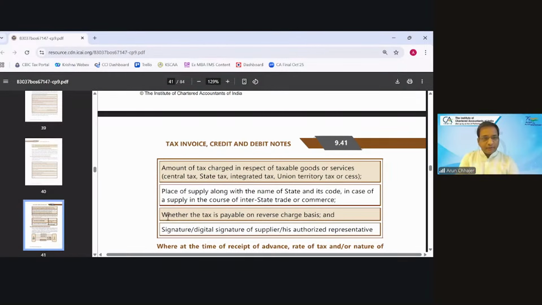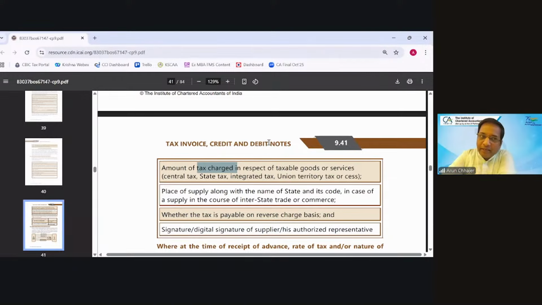Kindly confirm one thing: if I am issuing the receipt voucher to the registered person for supply of service, can my recipient take the ITC, because I am mentioning the tax as well?